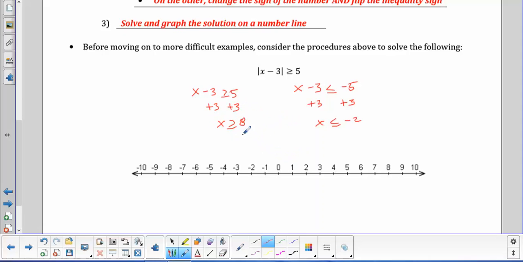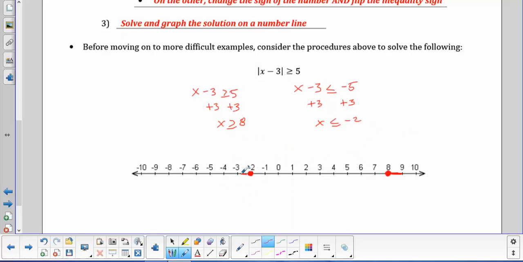So when you do go to graph these, say for instance we're going to do x is greater than or equal to 8, greater than or equal to, solid dot, greater than, we're going to go to the right. If we just shade the beginning portion just to understand what's going to happen, and not shade the entire number line and mess it up, let's do x is less than or equal to -2.